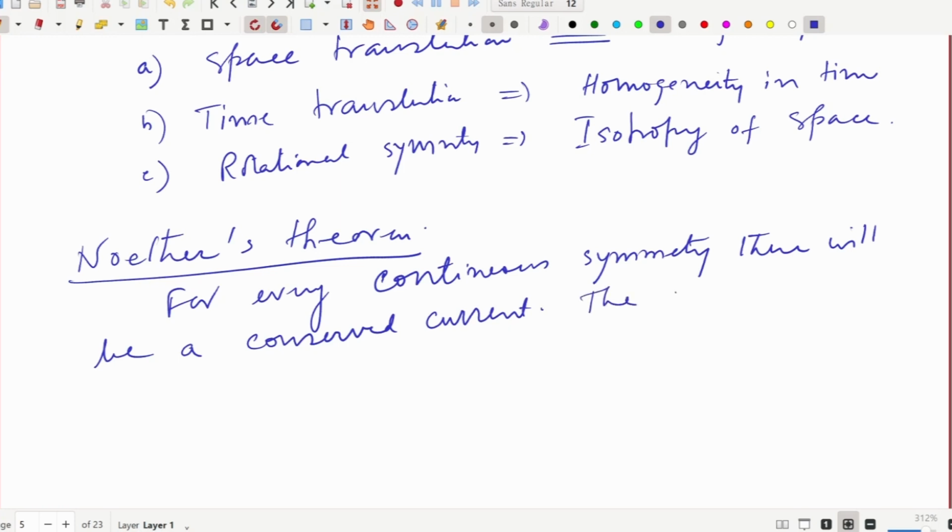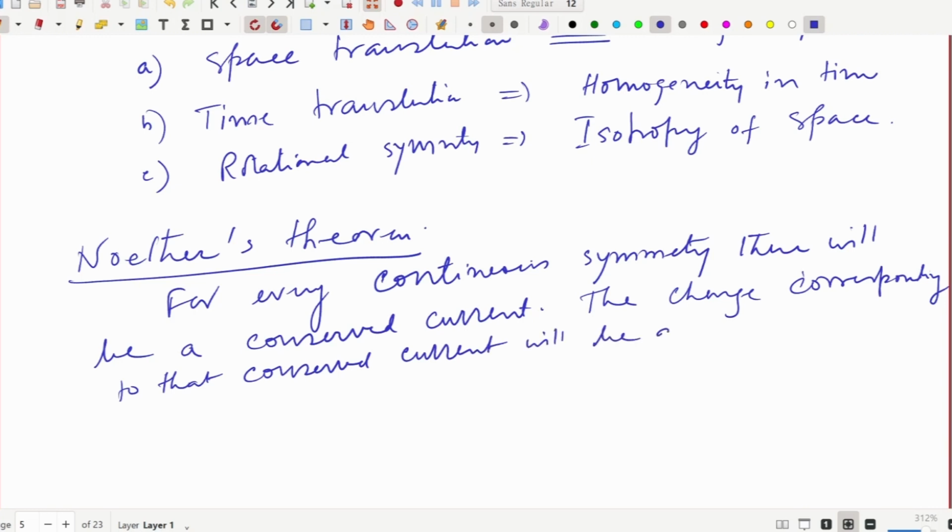The charge corresponding to that conserved current will be the generator of that symmetry transformation, and vice versa.